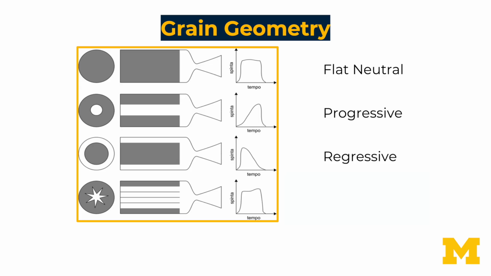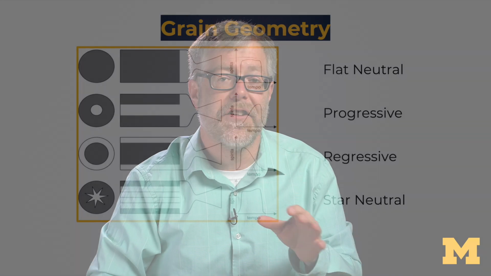And then you have this weird star-shaped pattern, which is also a neutral burn, because if you think in detail about how this star works, the little tips of the stars are burning off at the same time that the whole star is getting bigger. It actually makes this neutral burn, which is super cool. And the neutral burn is actually what happens in the solid rocket boosters of the space shuttle.